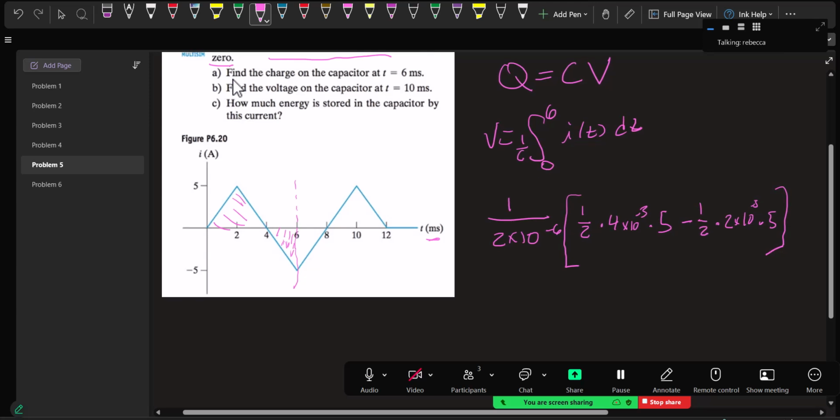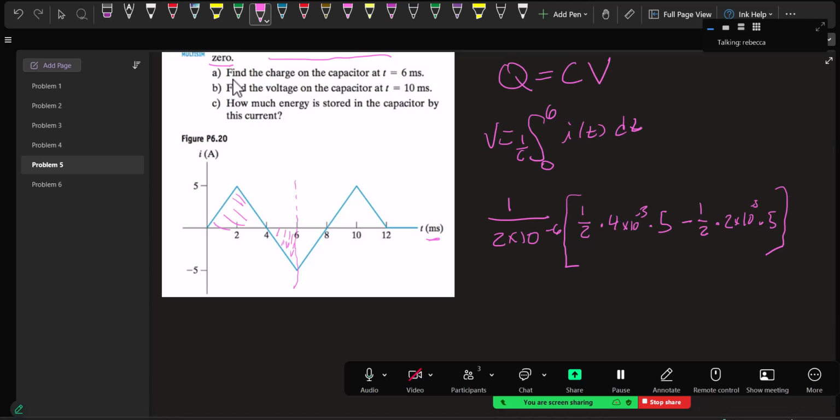So, what is it? I'm sorry. So that is 500,000 times 2 times 5. So that's 2 times 5, that's 10, that's 5, so that's 5 times 10 to the negative 3.